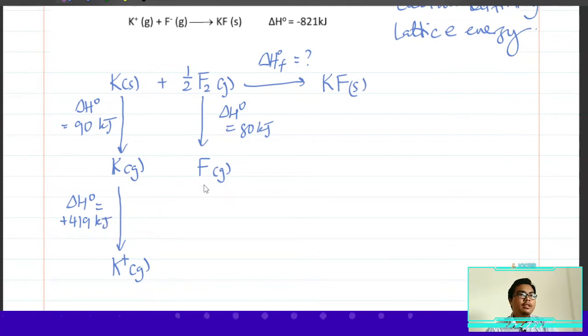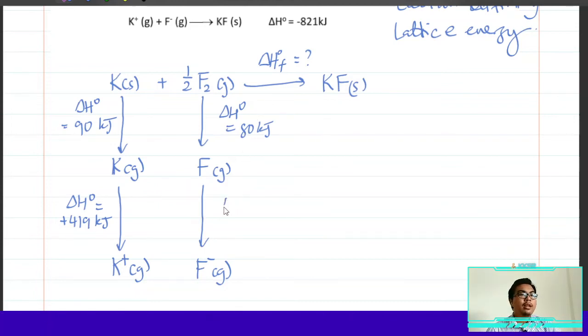Next step is for electron affinity. So electron affinity is the one which the gaseous atom of fluorine will form fluoride gaseous ion. Dia jadi gaseous ion. Negatif lah. Maksudnya dia accept one electron forming F negative. Okay, so that's the electron affinity. So dia lawan bagi yang menjadi positive ion.